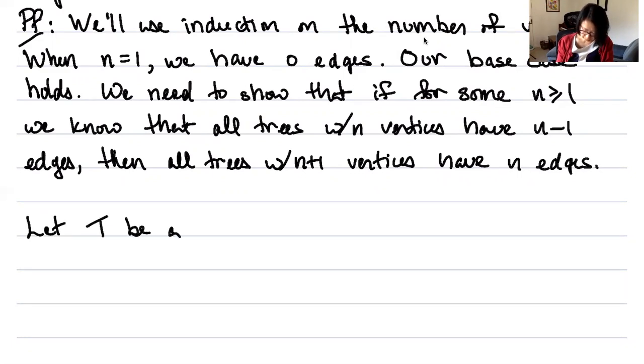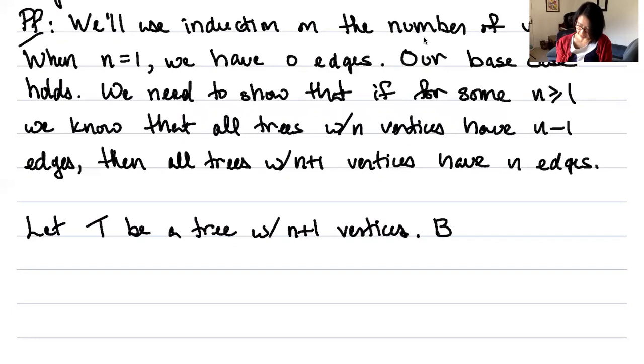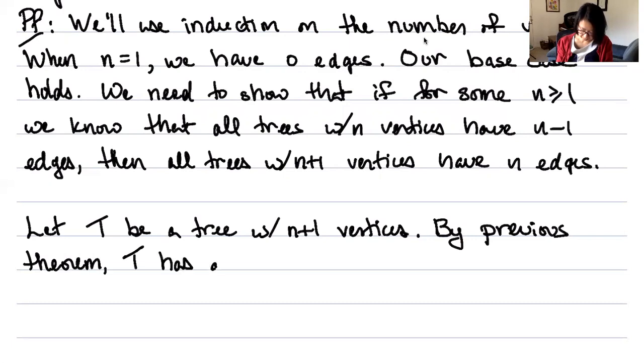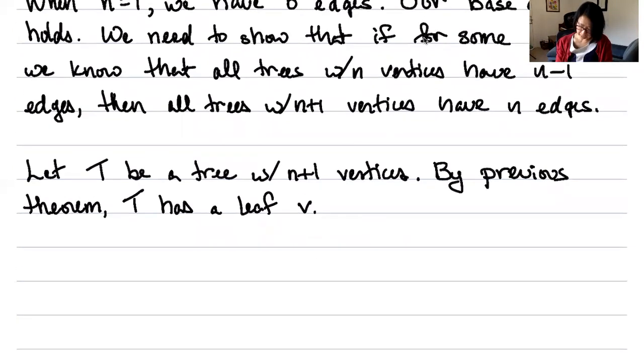Okay, so let T be a tree with n+1 vertices, because that's what we want to know about. Then by the previous theorem, T has a leaf, v. This is a vertex of degree 1. And now I want to define a new tree.